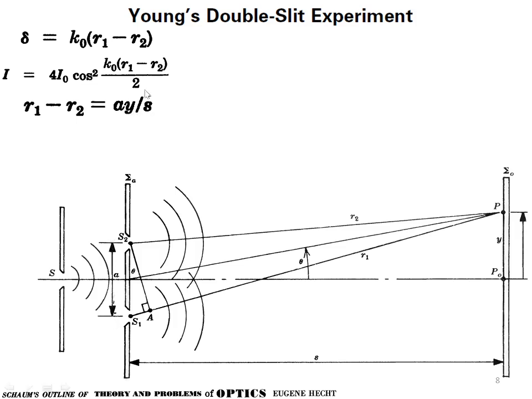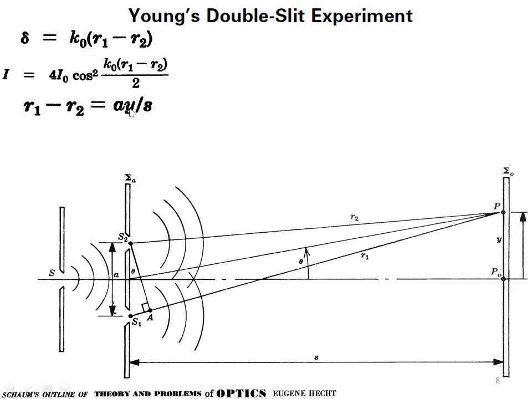So this will be ay divided by s, where s is the distance between the double slit and the screen, and y is the distance of the observation point on the screen from the center, the line connecting the center of the two sources to the screen, perpendicular distance.